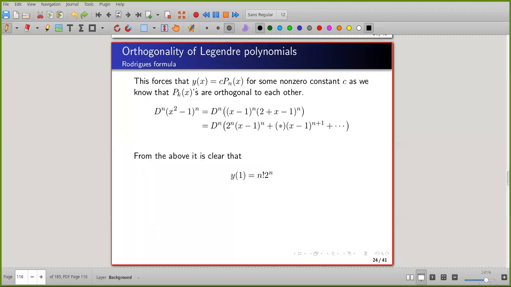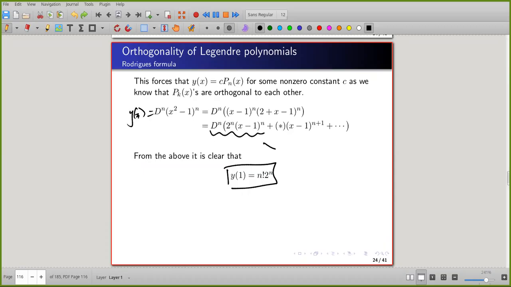Okay, so now this is, by definition, our y of x, and we are evaluating y of 1. Once again, we just do the same trick that we did earlier. When we differentiate this n times and evaluate at 1, only this term is going to remain.